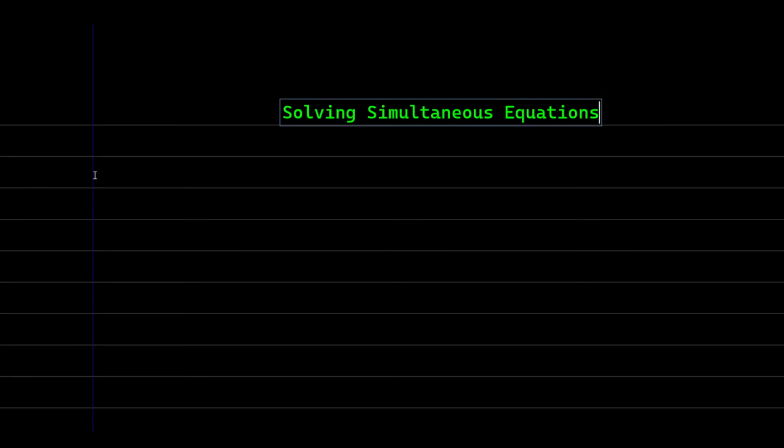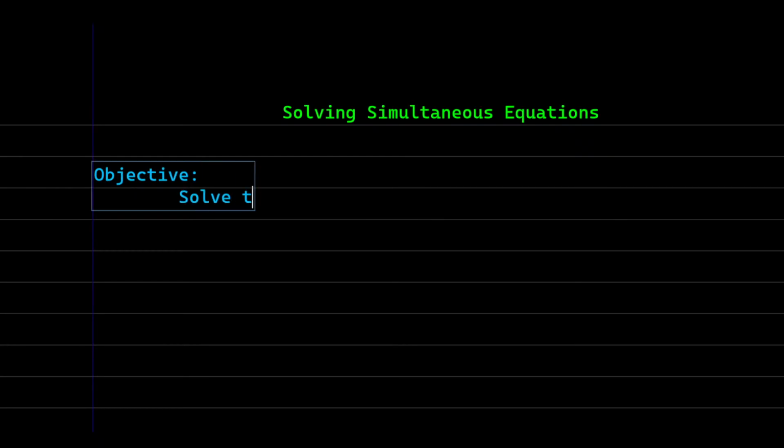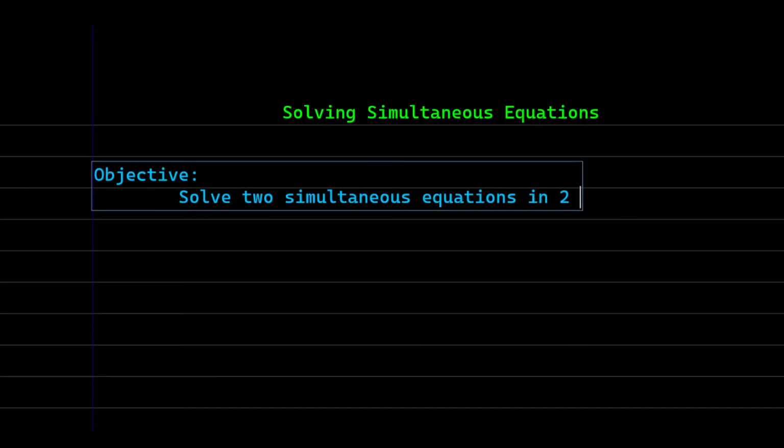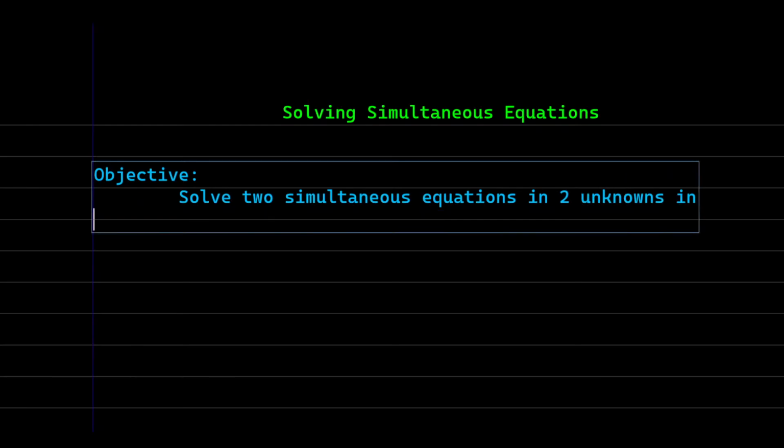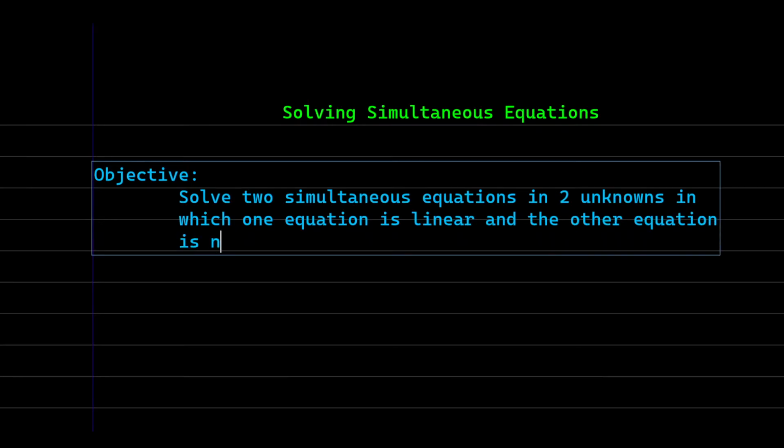And the objective, I'm going to write the objective in blue. Again, objectives come straight out of the syllabus. Objective is to solve 2 simultaneous equations in 2 unknowns in which one equation is linear and the other equation is non-linear, right?